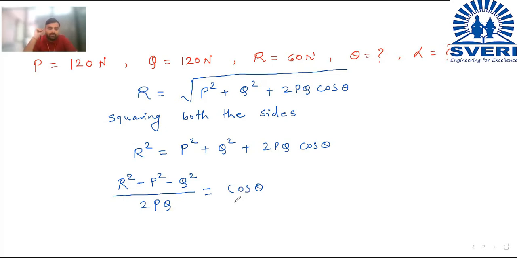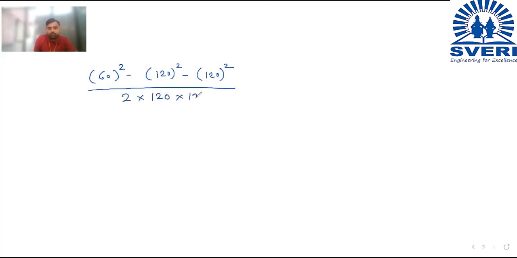Right? So now we just need to put the values. We know the value of R, we know the value of P, we know the value of Q. So just put the values. R square is 60 square, minus P square is 120 square, minus Q square is again 120 square, whole divided by 2PQ, 2 into P which is 120, Q is also 120.